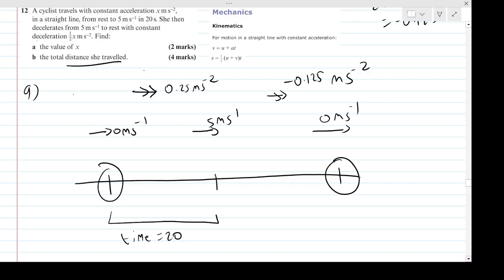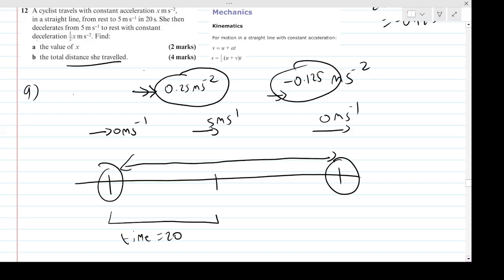If I was to just work out the distance literally from here to here, the major problem I have if I was to use SUVAT is the acceleration is different in these two parts. It's 0.25, then minus 0.125. Remember, the key idea when using these formulas, as we looked at previously, you can see it here even in the formula book, is that it has to be constant acceleration throughout. If I'm starting to get different accelerations, I can't use the formulas in that way.